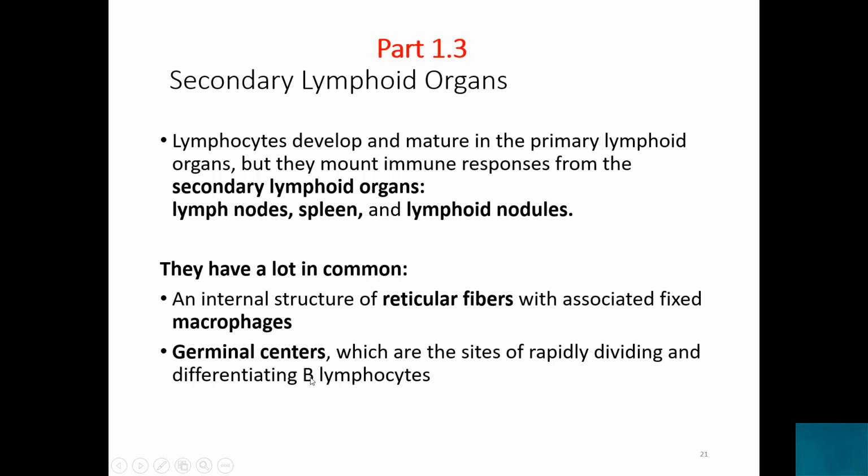So even if B lymphocytes are born in bone marrow and mature there, they still can divide in other organs, in germinal centers. If some things about T and B lymphocytes, about the immune system, are not very clear to you now, that's completely okay, because we will be talking about them again when we start the immune system.